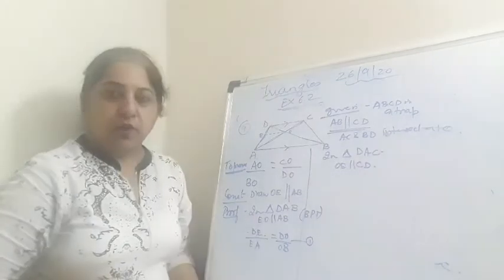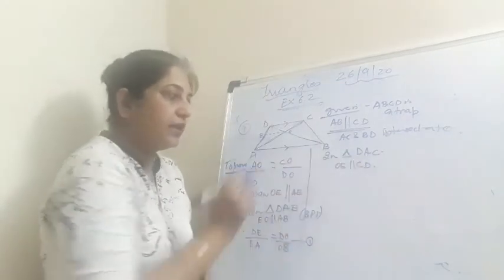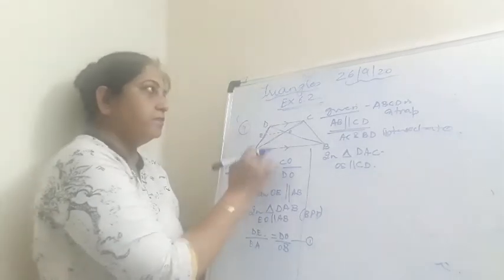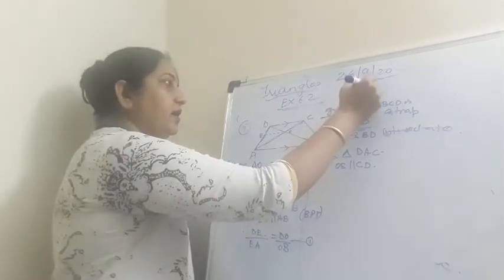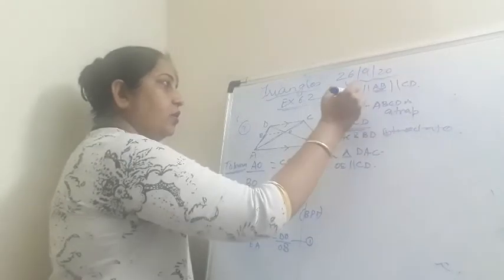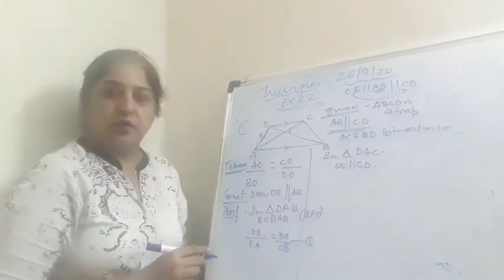Now can you tell me why is OE parallel to CD? Because OE is parallel to AB. Okay, OE is parallel to AB and AB is parallel to CD. So obviously OE will also be parallel to CD.